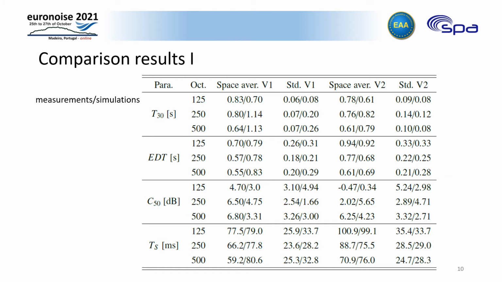Here are the comparison of the results from the measurements and the simulations. They are firstly evaluated in terms of standard room acoustic parameters, including reverberation time, early decay time, clarity, and the center of gravity. Spatial average of the considered room acoustic parameters and their standard deviation of both configuration setups are shown in the table.